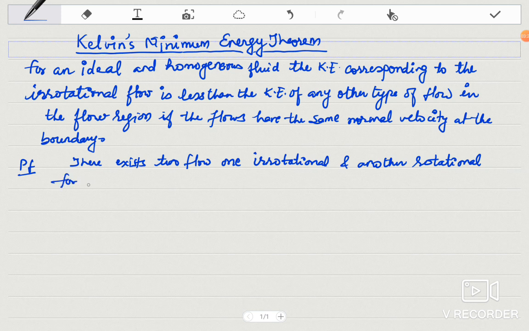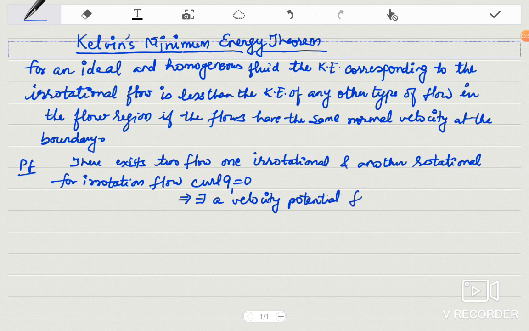For irrotational, we very well know the condition is curl of q equal to 0, if q is the velocity of this irrotational flow. I am designating it with q1. Then this implies there exists a velocity potential function, say phi, such that minus delta of phi is equal to q1.